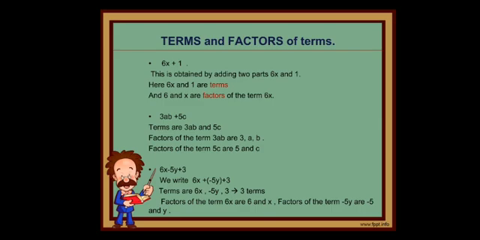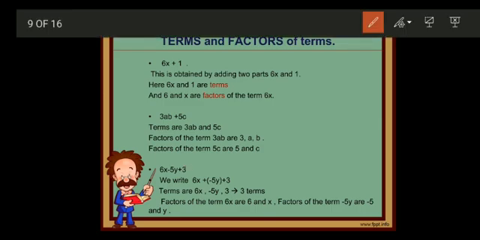So this algebraic expression 6x minus 5y plus 3 has 3 terms, and each term has factors. When you consider 3, it has only one factor, 3. Term and factor are the same there. Okay.